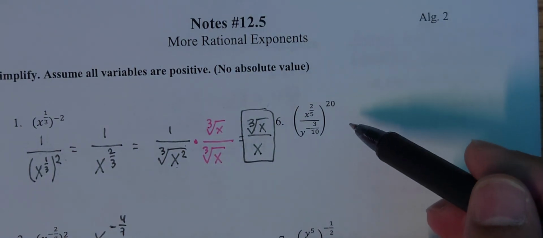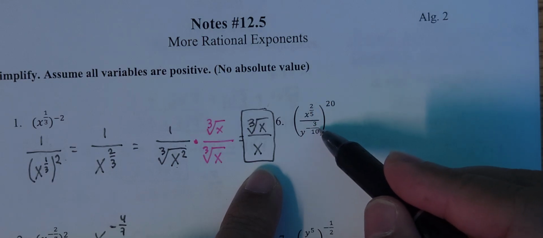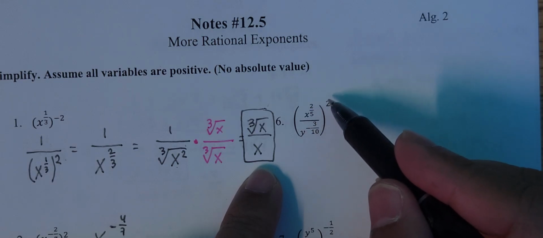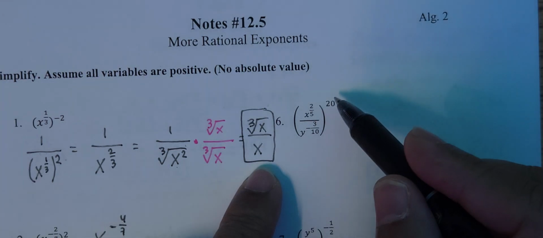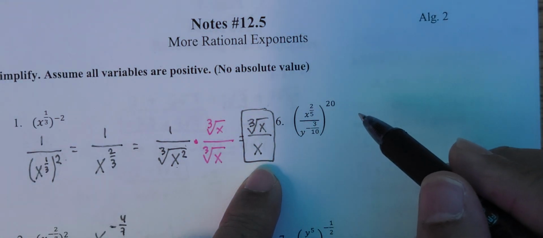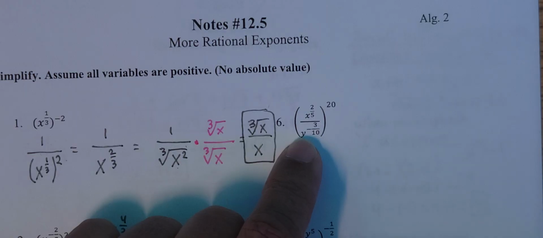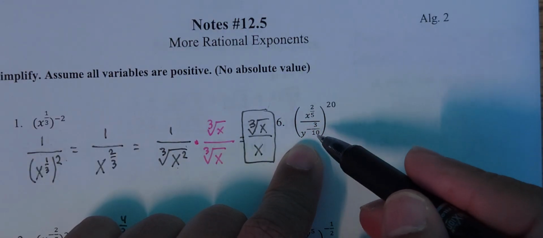For number 6, we have a 20th power outside of this parentheses. So we apply that power. Before I distribute the power, notice that this is a negative power, so I'm going to bring this to the numerator.